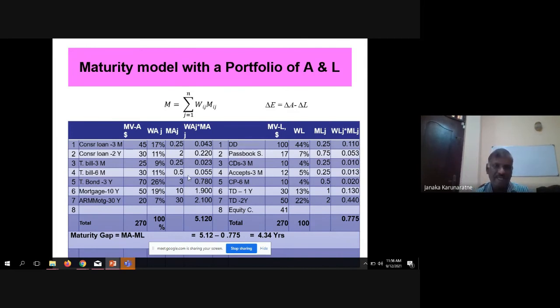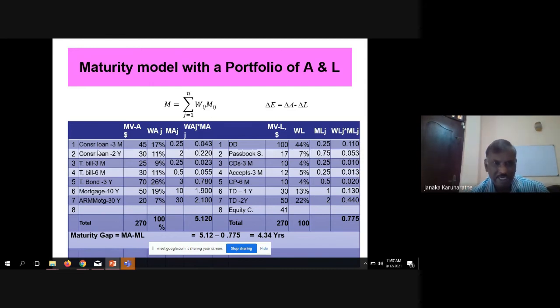So if you multiply 17 by 0.25, you should get this number, 0.425, about 0.43. This is the multiplication of WA and MA, that is 17% into 0.25.